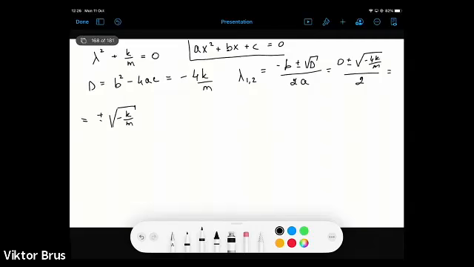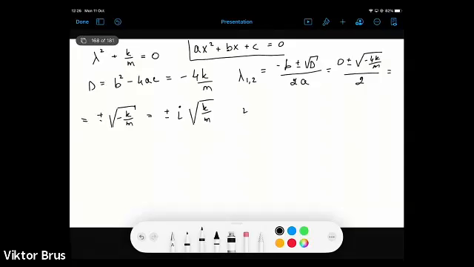So here we have minus under the square root. That's why we need to operate with a complex number. So we have plus minus i times square root of k divided by m.